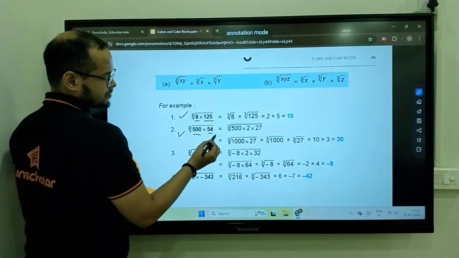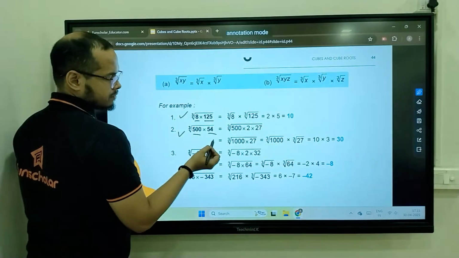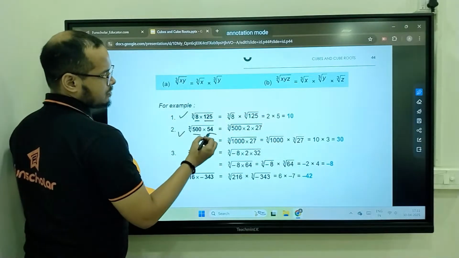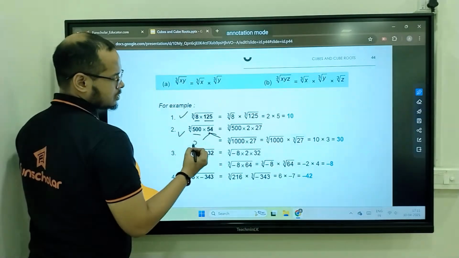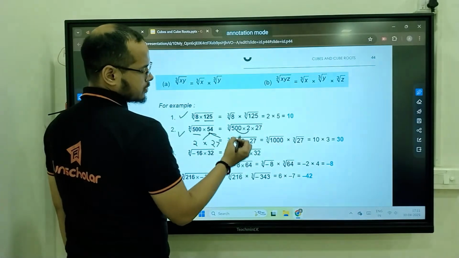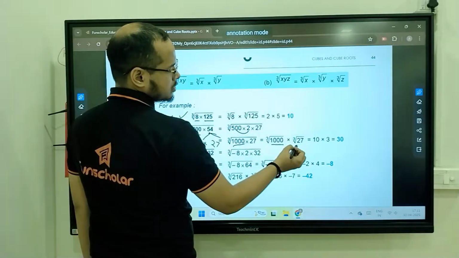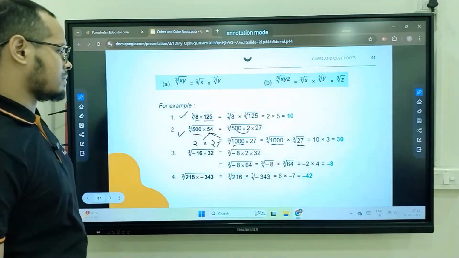But in this one, neither of them is a perfect cube, right? So what I will do, I will break this 54 into 2 into 27. As I'm breaking it into 2 into 27, the 2 into 500 is going to be 1000 into 27. Now 1000 is a perfect cube, 27 is a perfect cube. Thus we get the number.